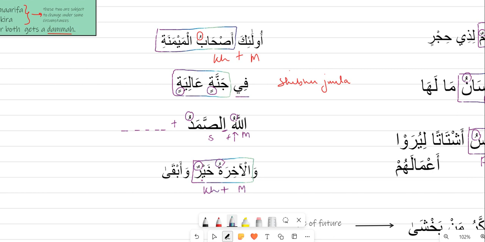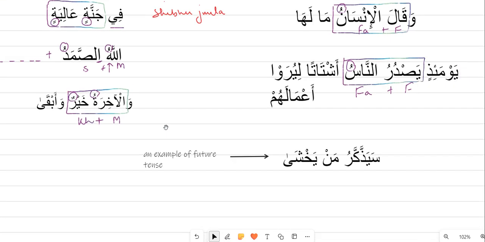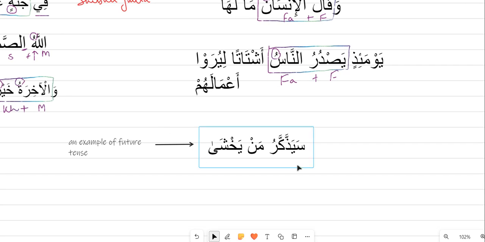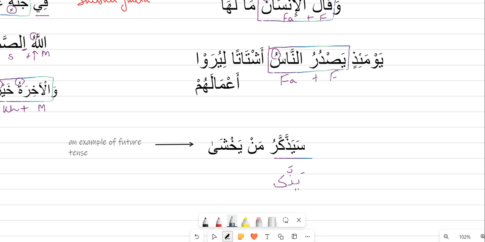And the last of all, I took this example just to tell you, so you should not get confused. I took this example of present tense with the seen here. So actually, this is yadhakkaru, which means to remember. And when it is attached with a seen before it, the seen is attached with the present tense.